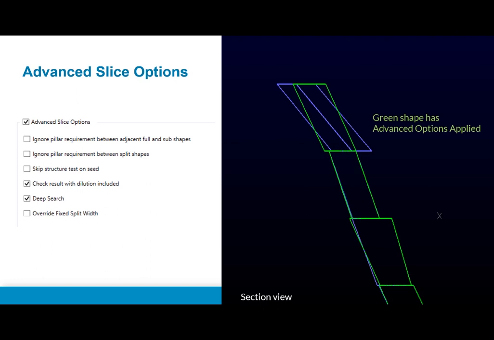In the advanced slice options, you have a few options to choose from. The example I have on the screen in green is one I use to check results with dilution included. The purple one has dilution included, but it doesn't optimize.